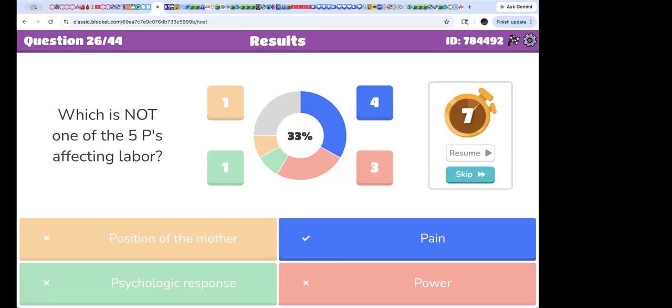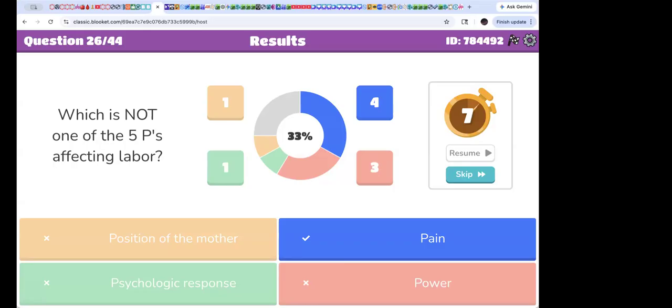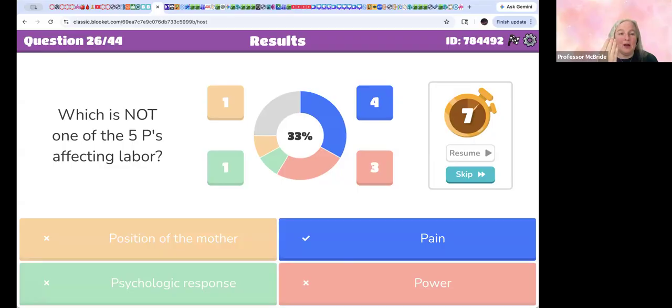Okay, passenger. Somehow we didn't say passenger, did we? No. Passenger, passageway, position, power, psychologic response.